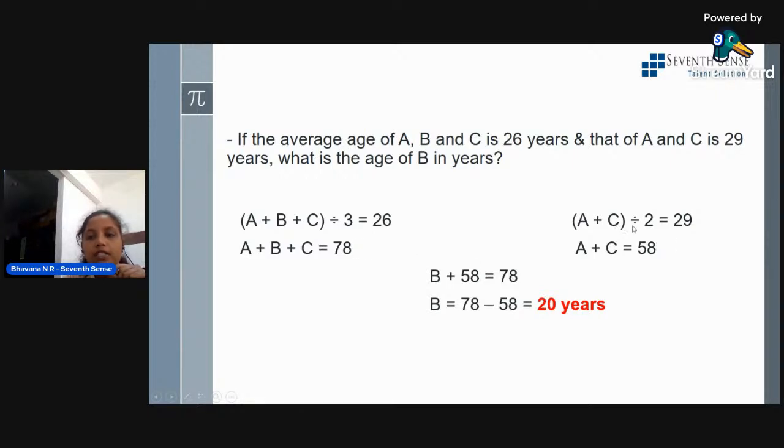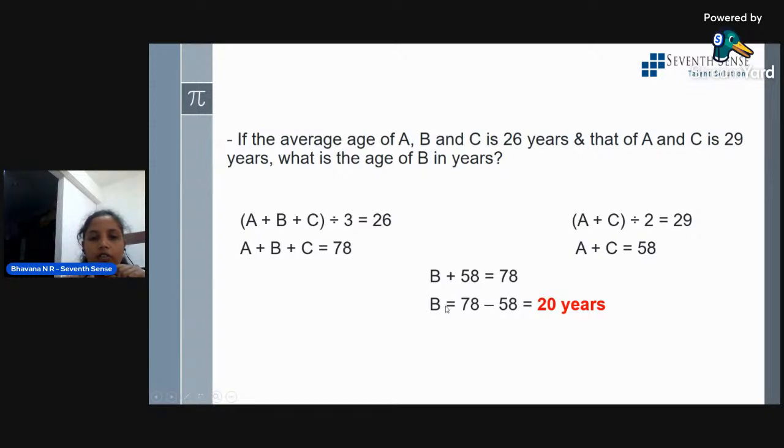Next, A plus C divided by 2 equals 29, and cross multiplying, A plus C equals 58. Now we can substitute the A plus C value here. So B plus 58 equals 78.